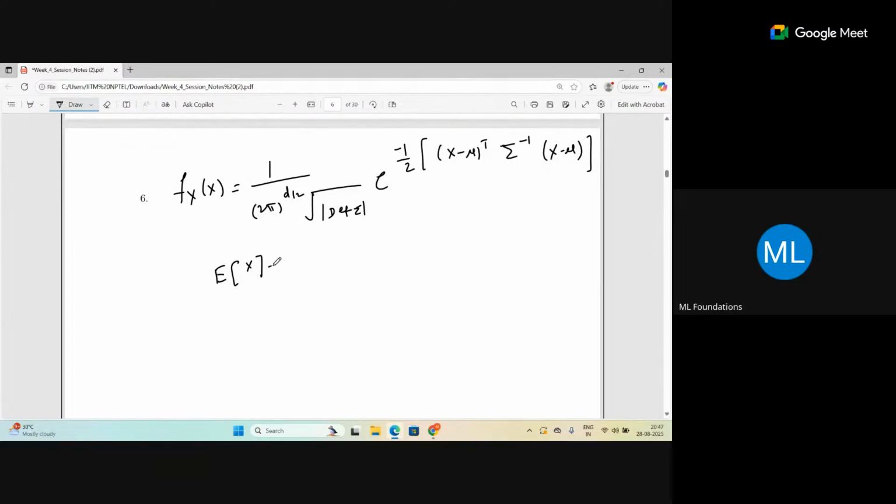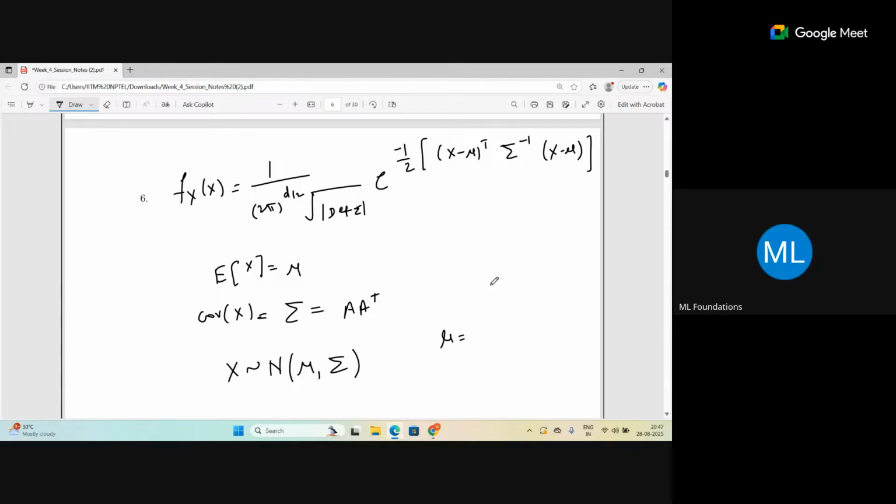So what is the expectation of x? That is mu. The covariance matrix of x is nothing but sigma. So x is distributed as normal with mean mu and covariance matrix sigma. But what is this mu here?